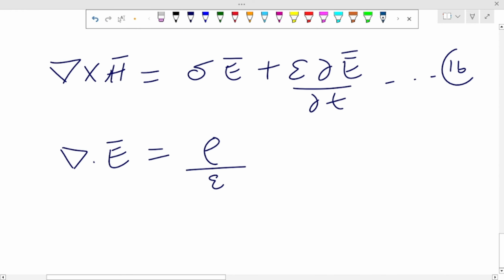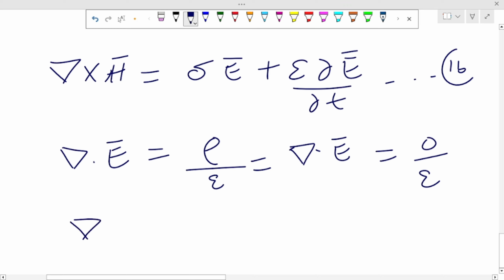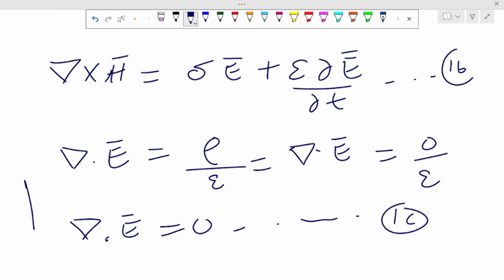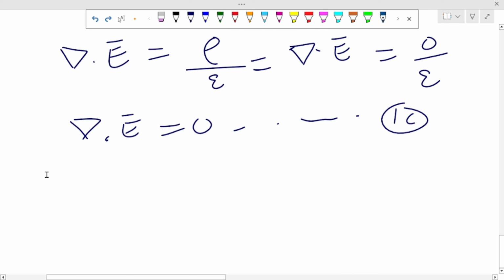So that will give us 0 over this, which gives us 0. That means this equals 0. Call this equation 1c. Or I should have done the other one first, whichever way.